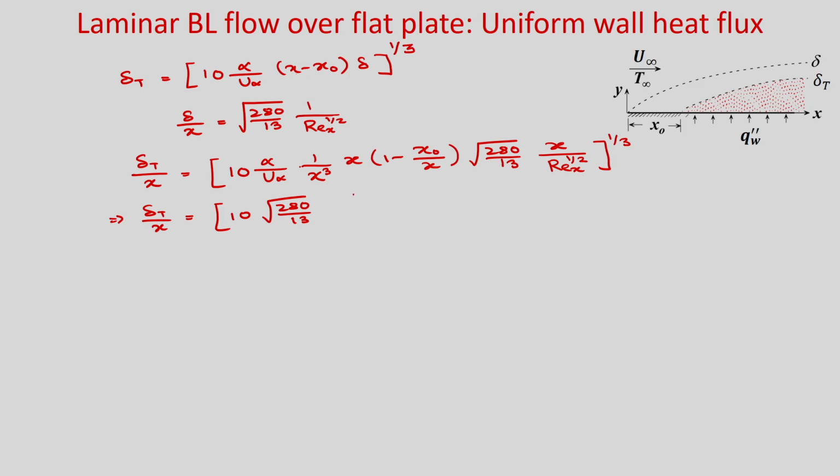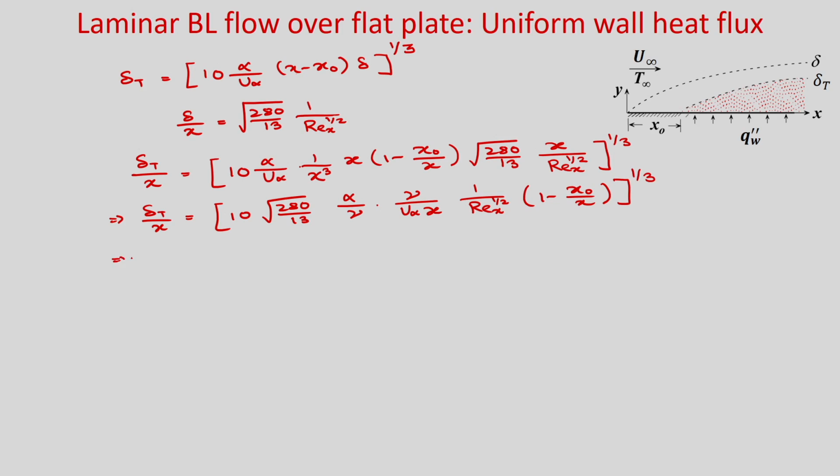So, you can write alpha and you divide by kinematic viscosity nu, and you can write nu by u infinity, and you can see here x square is there and here x cube. So, it will be x, then 1 Re x to the power half you have, and then 1 minus x naught by x, okay, to the power 1 by 3.